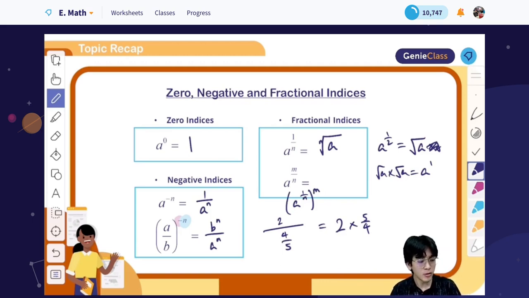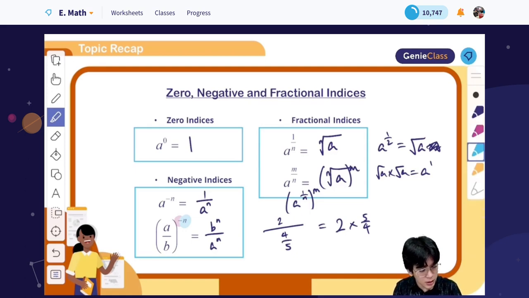So therefore, you get the nth root of a and then power m. So the denominator will always become the number over here. This is the denominator of the power, and the numerator is just the power on its own. You just multiply that power.